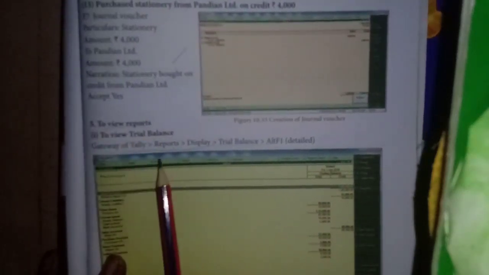Then after entering this, to view the reports, we can view the trial balance for this many transactions. To get the trial balance, the usual way: gateway of Tally, then reports, then display.